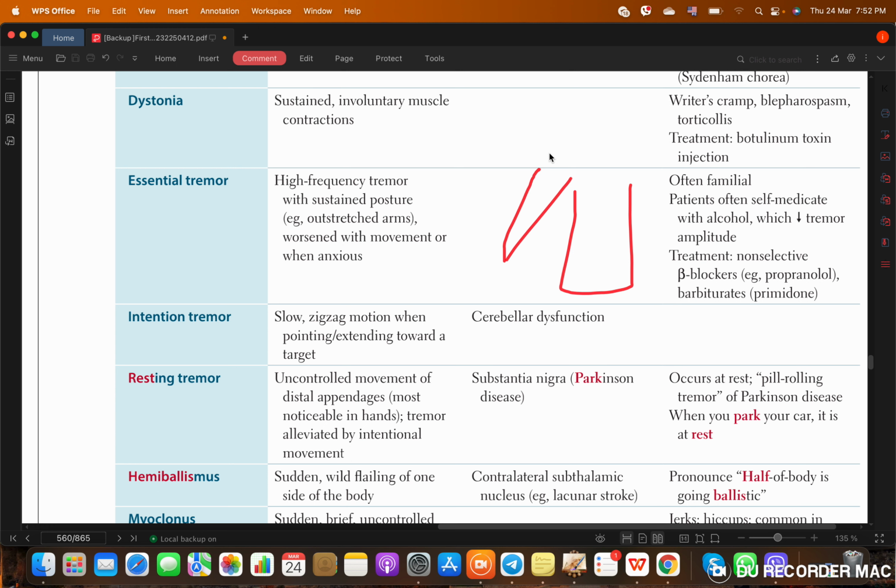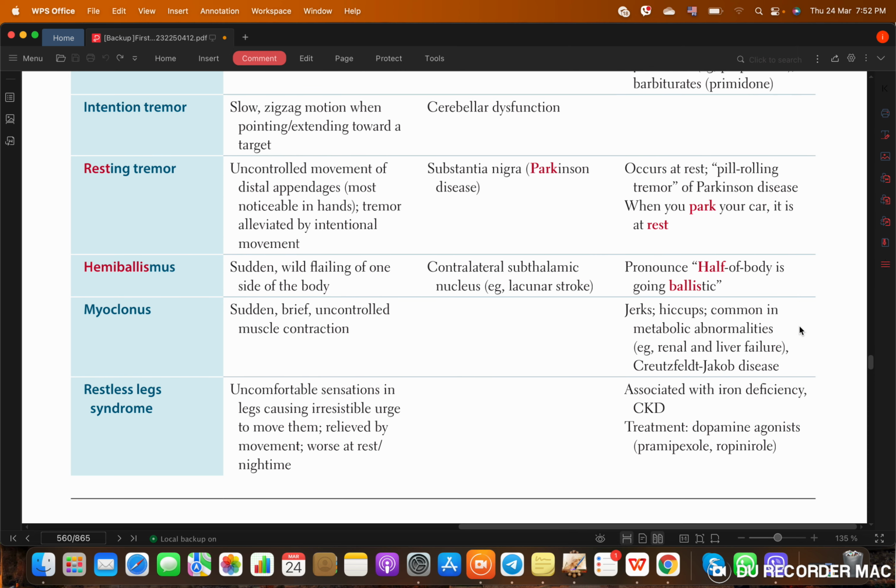The treatment is a non-selective beta blocker like propranolol and a barbiturate like primidone. Primidone is an anti-epileptic medication that actually does work on essential tremor. It's a second-line therapy because for some people it's contraindicated to get propranolol, like people with asthma or people who have bradycardia as well.